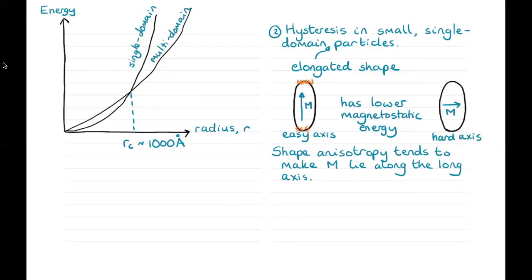In the case where the magnetization is along the long axis, there's not very many north and south poles at the surface, so there's not a large magnetostatic energy. Whereas when the magnetization is oriented along the short axis, the hard axis, we have many north and south poles. Of course, this is hand waving again at the surfaces, and this leads to a large magnetostatic energy, and so it's unfavorable. Okay, so then let's think about the mechanism of magnetization reversal in such a particle.